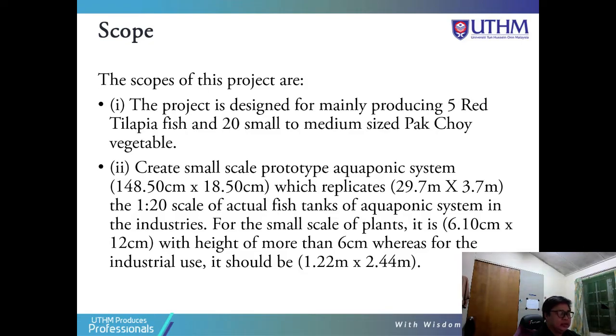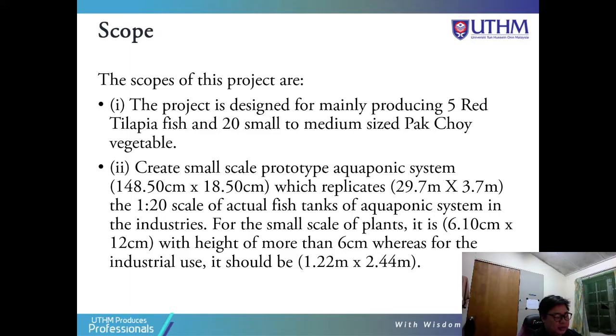So the scope: the project is designed mainly for producing 5 red tilapia fish and 20 small medium-sized pak choy. I'm using reference 13 from my proposal, with a 1 to 20 ratio from that size to this size, and then create a small scale prototype aquaponic system, which is 14850 cm times 1850 cm, which replicates the 1:20 scale of the actual fish tank in the aquaponic system in the industry.